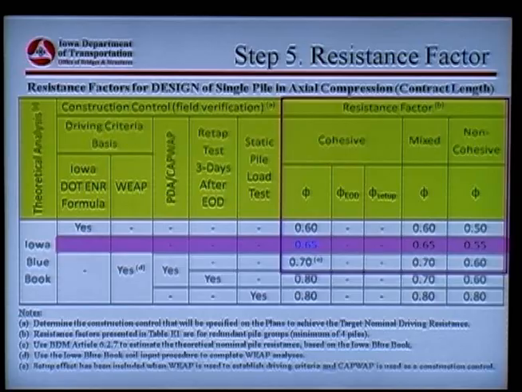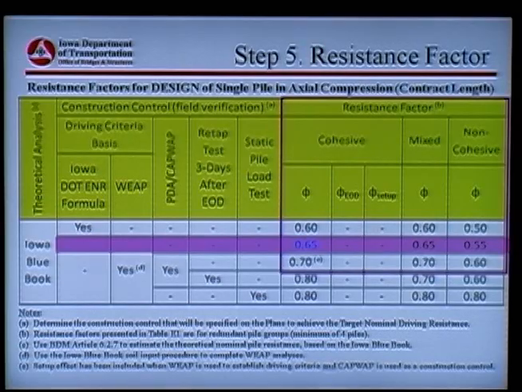But if you were to use PDA and CAPWAP together with WIP as construction control, and you have planned retap at 3 days, yes, yes, yes, then that's the difference in the resistance factors, compared to WIP alone.